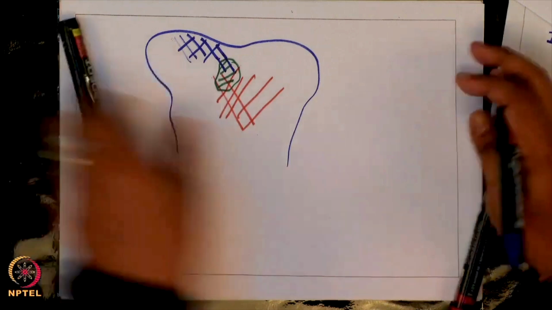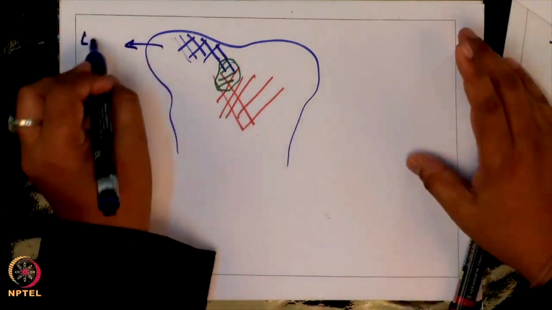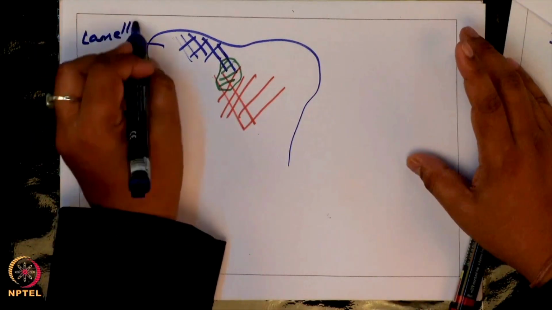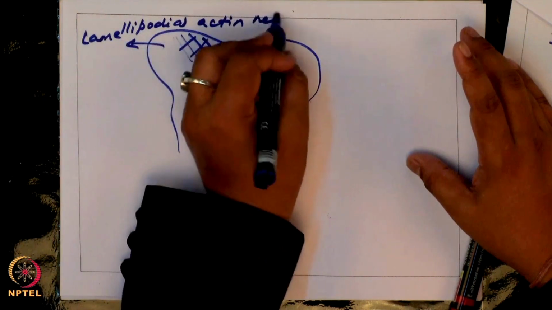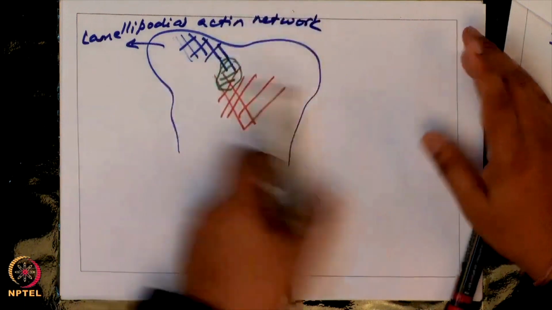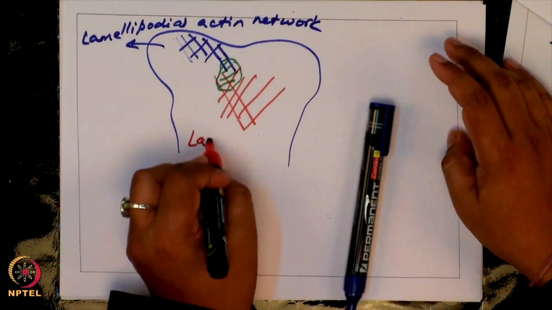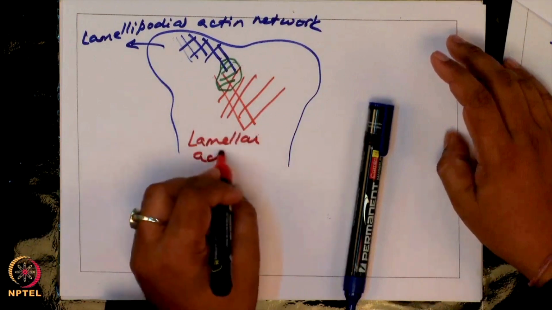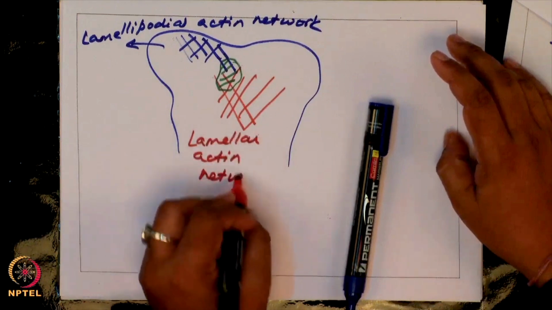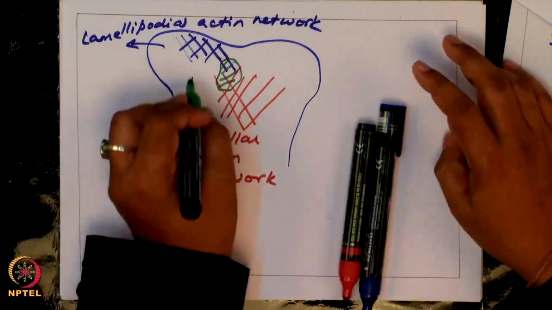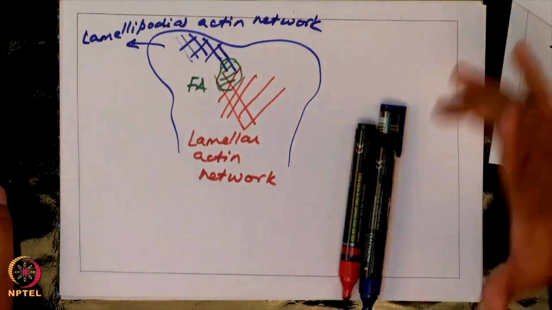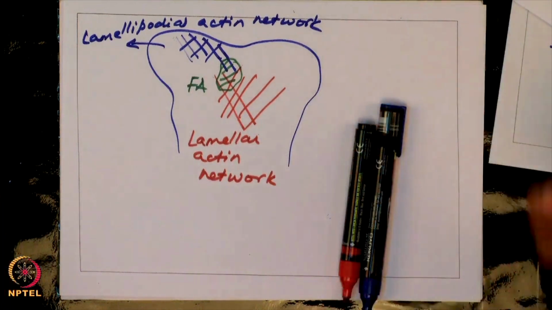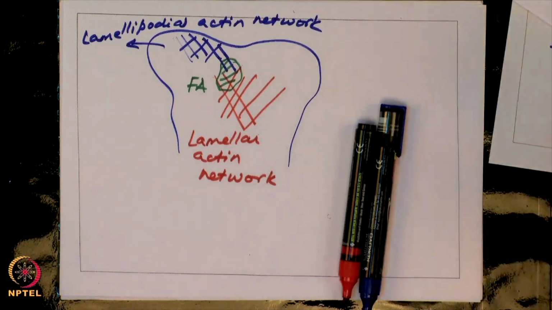This is your lamellipodial actin network. This is your lamellar actin network. And this is your focal adhesion. So, this suggests that in cells, migration is driven by the existence of two kinetically and kinematically distinct actin networks.